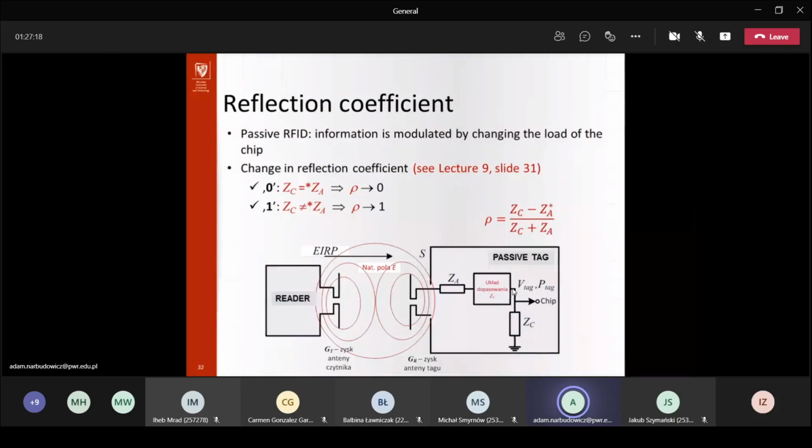If the two impedances are the same, all of the power is accepted. If there is an impedance mismatch, part of the energy will be reflected. So here we get some impedance ZA and ZT, and if they are the same, there will be no reflection.